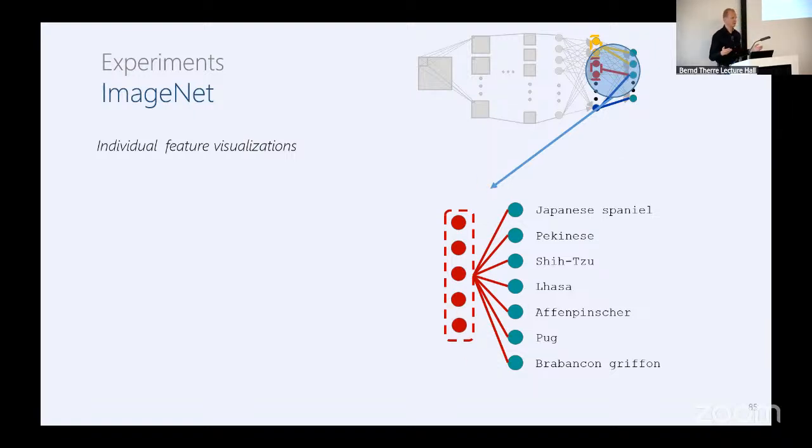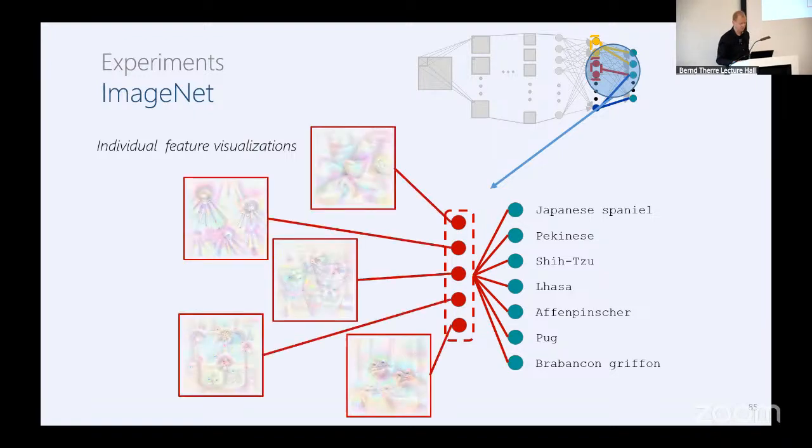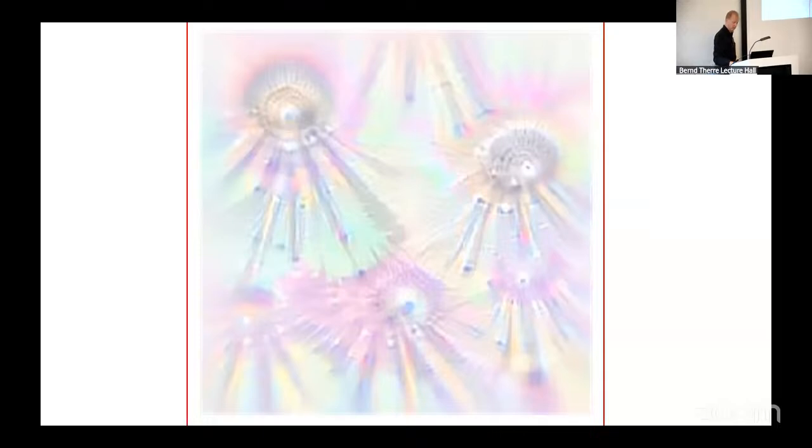Let's do prototyping, but the old-school way. We visualize them one by one. We try to conjure up an input that maximizes the output or the activation for each individually. We get images like this. You still can't see them, but now I'm going to blow them up. I don't know if they would have shown this in biology class.